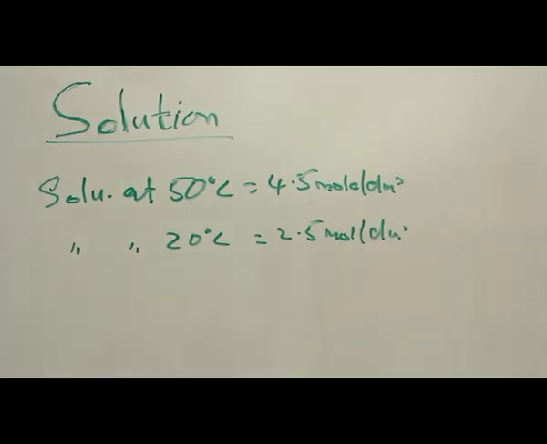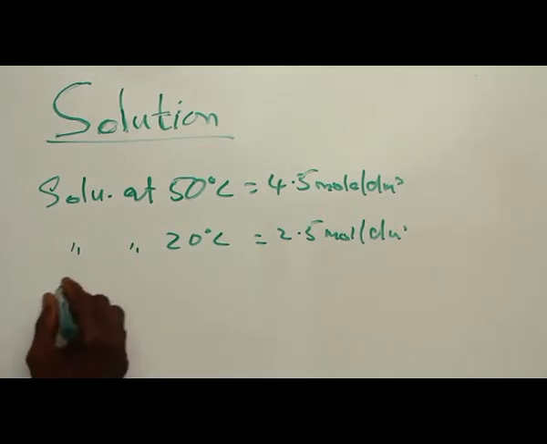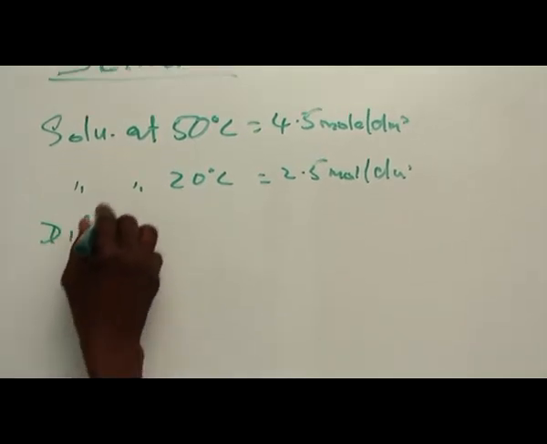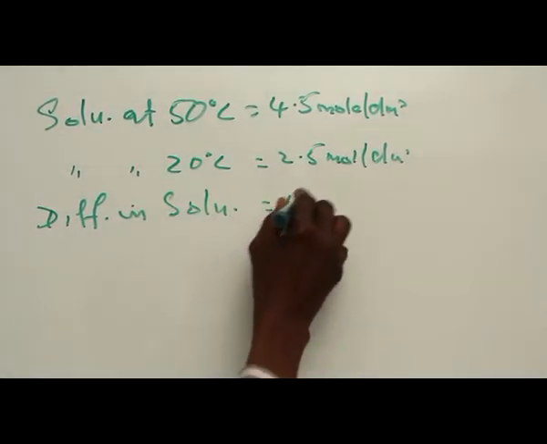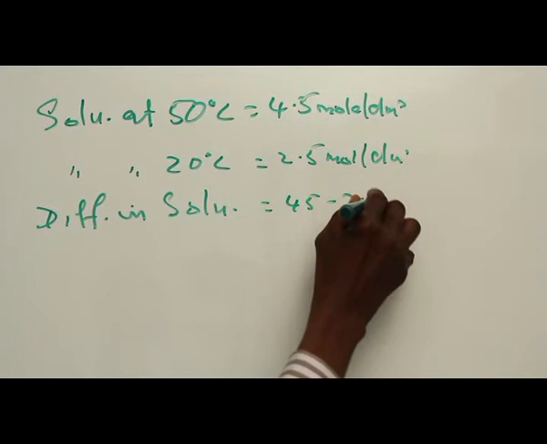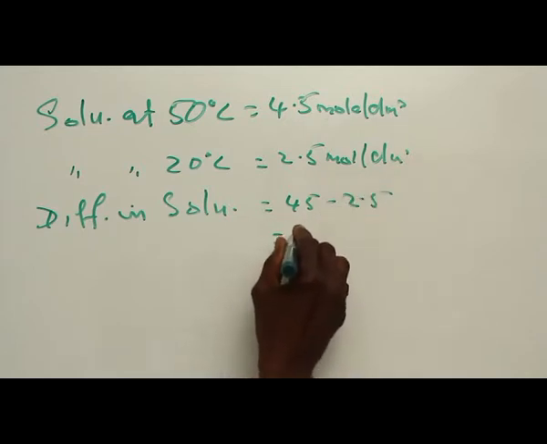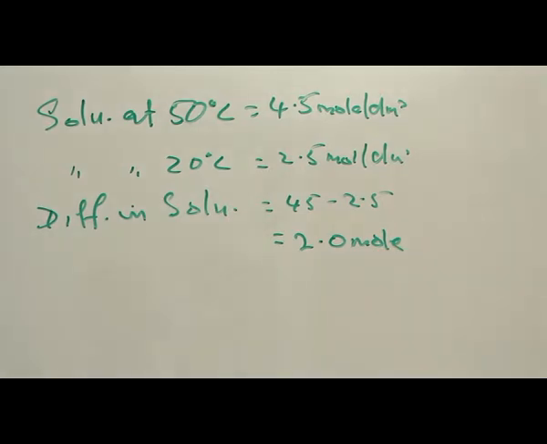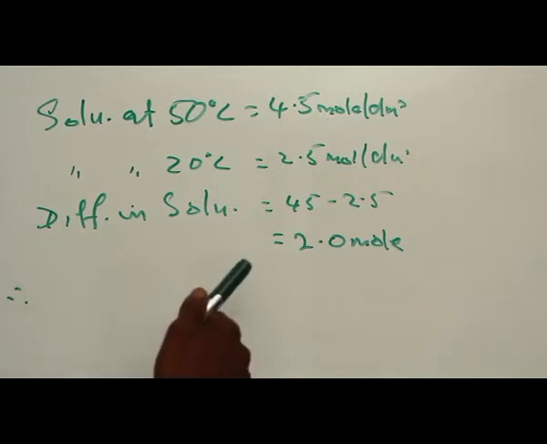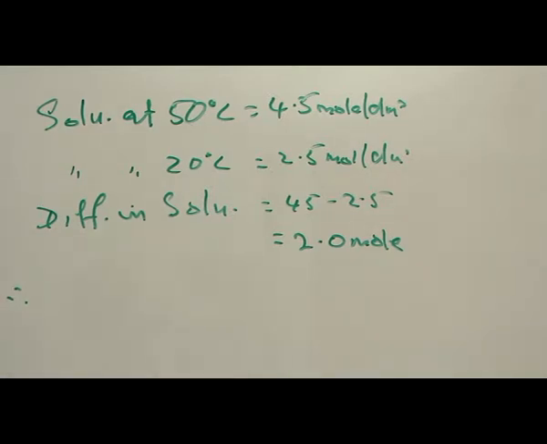Therefore, the difference in solubility is 4.5 minus 2.5, that is 2.0 mol. Therefore, the mass of salt that crystallizes will be 2 moles multiplied by the molar mass, that is converting the moles to mass.